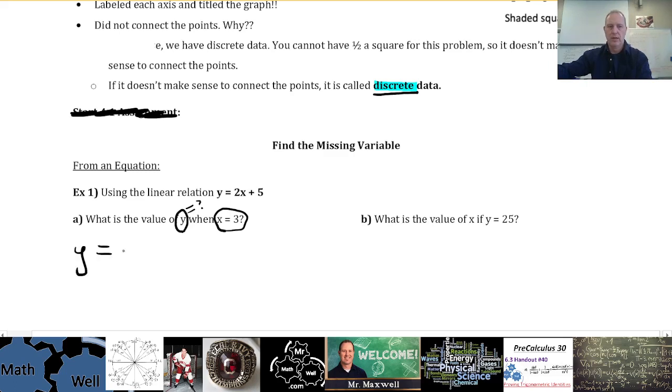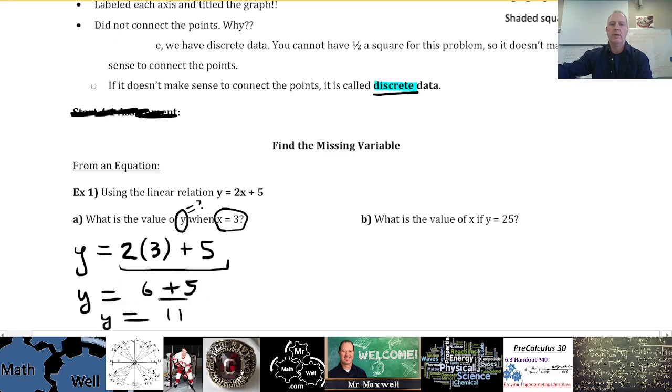Watch this. I leave everything alone, but I replace x with 3. And 2x means 2 times x, so that's going to be 2 times 3. See that? So now I just evaluate this side. y equals 6 plus 5. y equals 11. Good with that? I hope so.